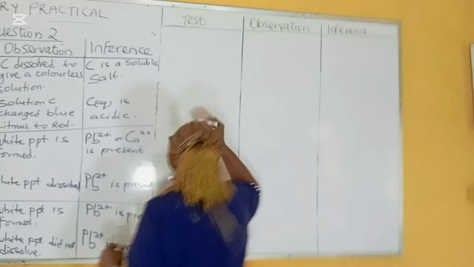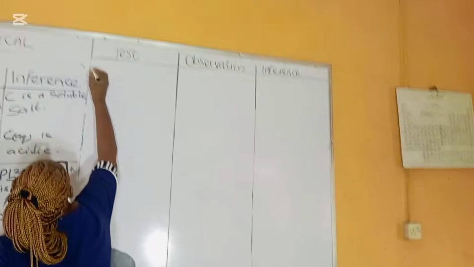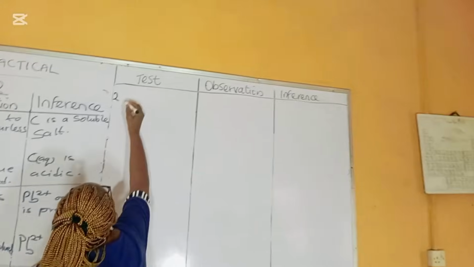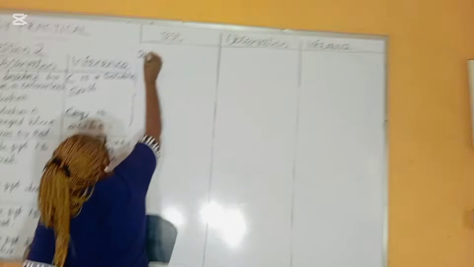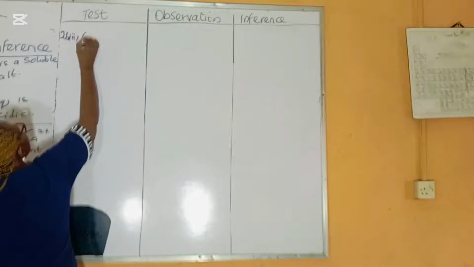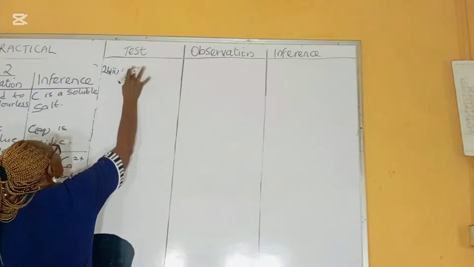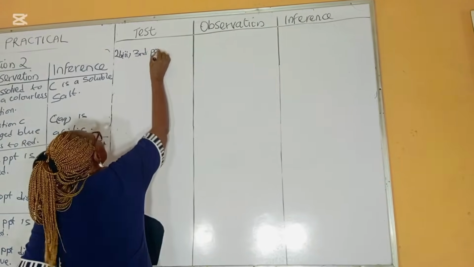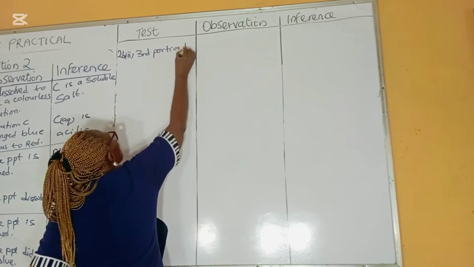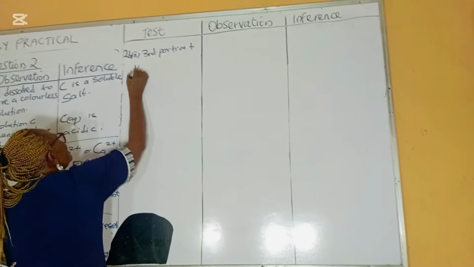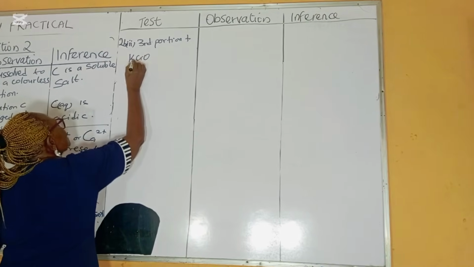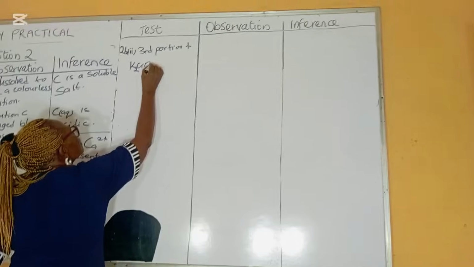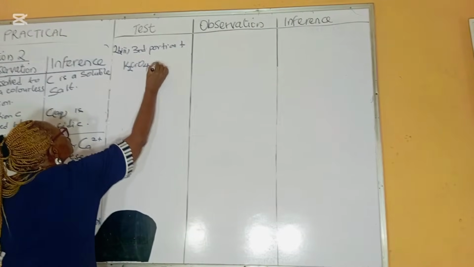So I have another reagent I will use. So I have to report. That's the third portion, sample C plus K2CrO4 solution.